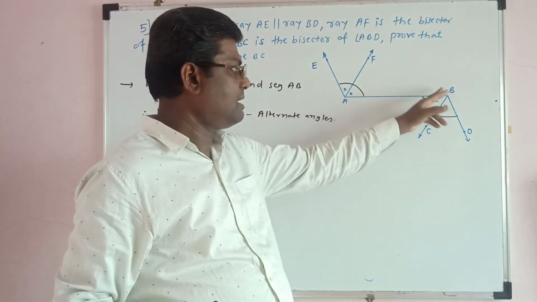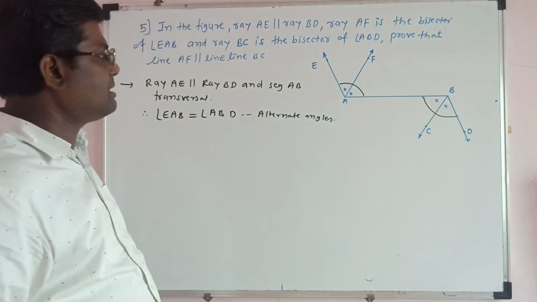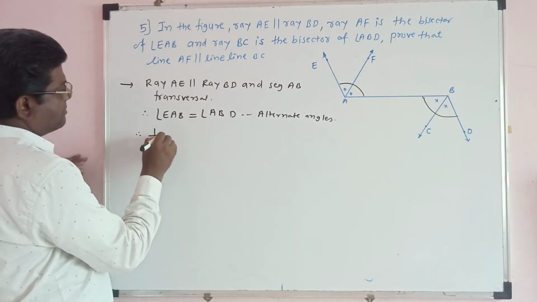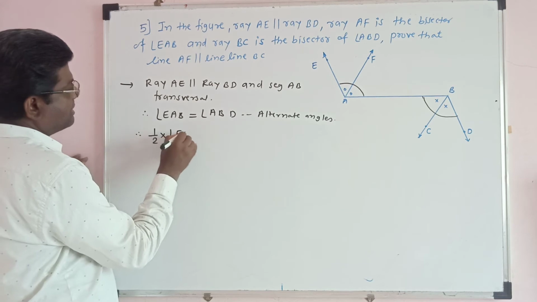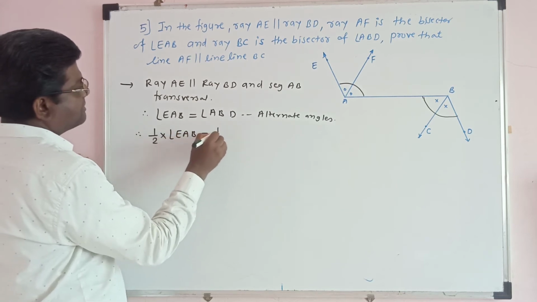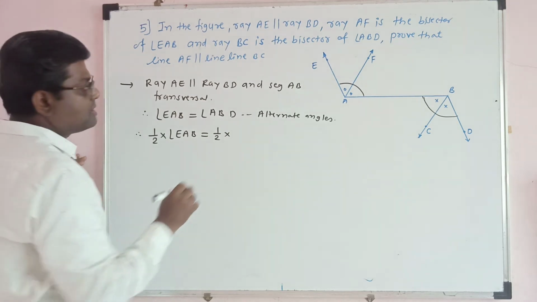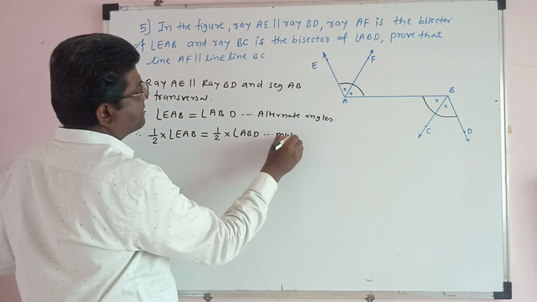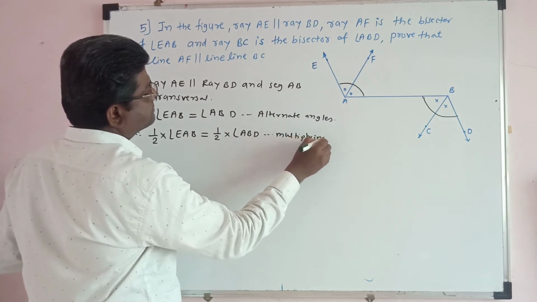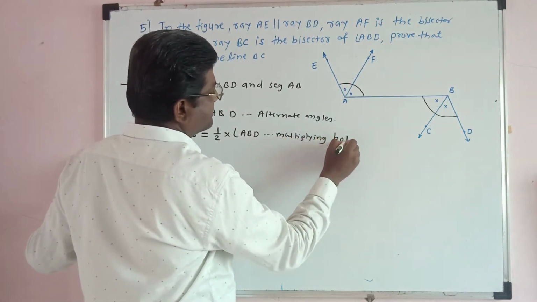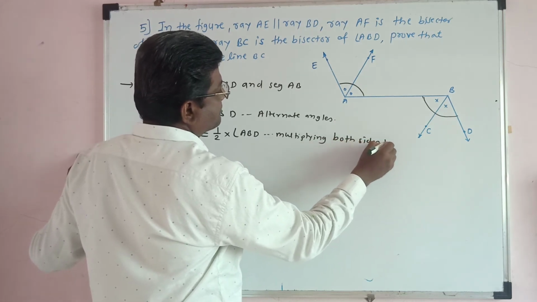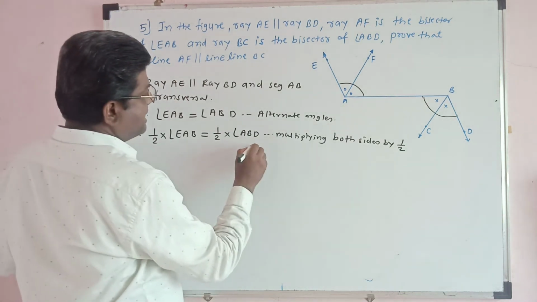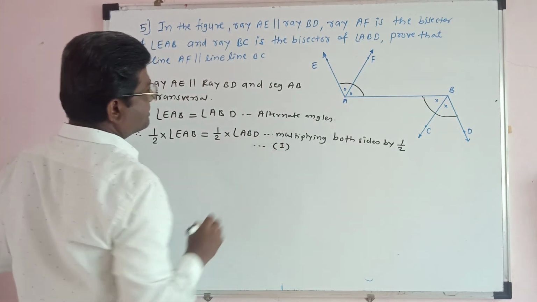EAB and ABD alternate angles. Now multiply both sides by 1/2. 1/2 into angle EAB is equal to 1/2 into angle ABD. Multiplying both sides by 1/2. Let this is equation number 1.